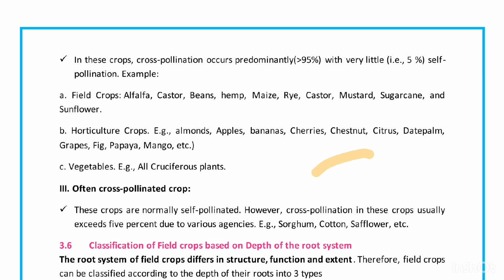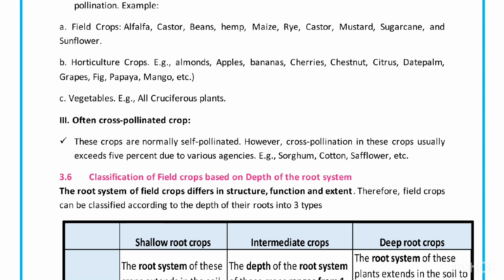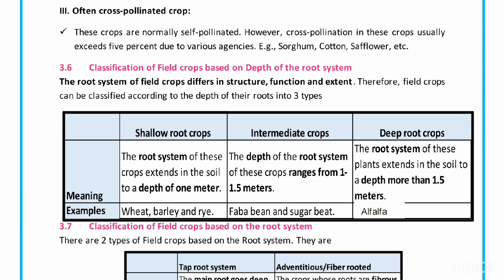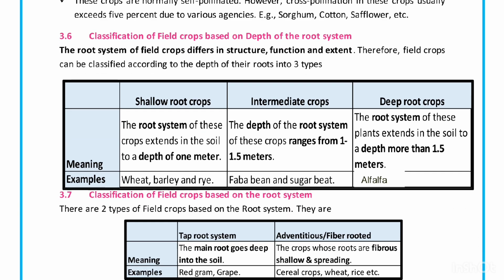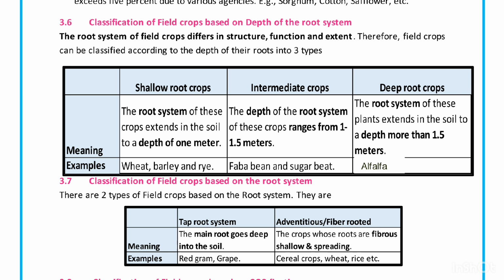Next is classification based on the depth of the root system and the type of root system. There is also one classification. So, what is the root system? First of all, let me tell you, the root system is basically the underground part of any plant.